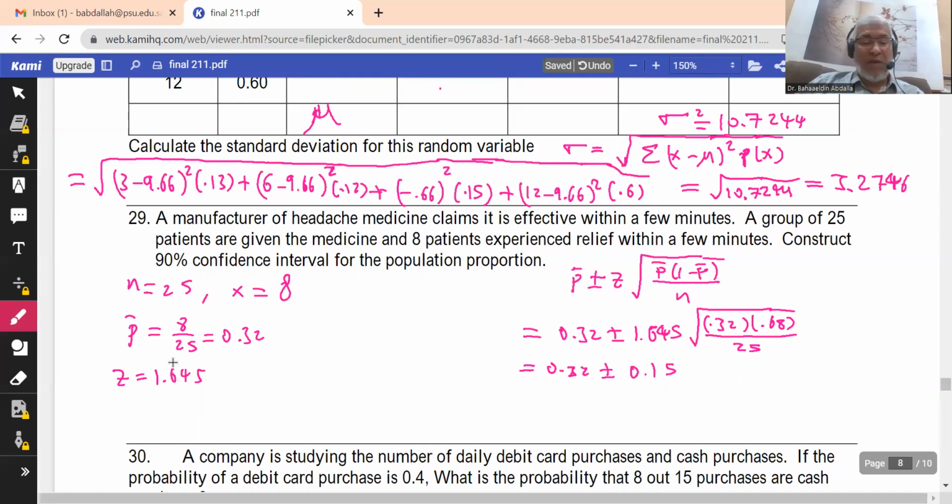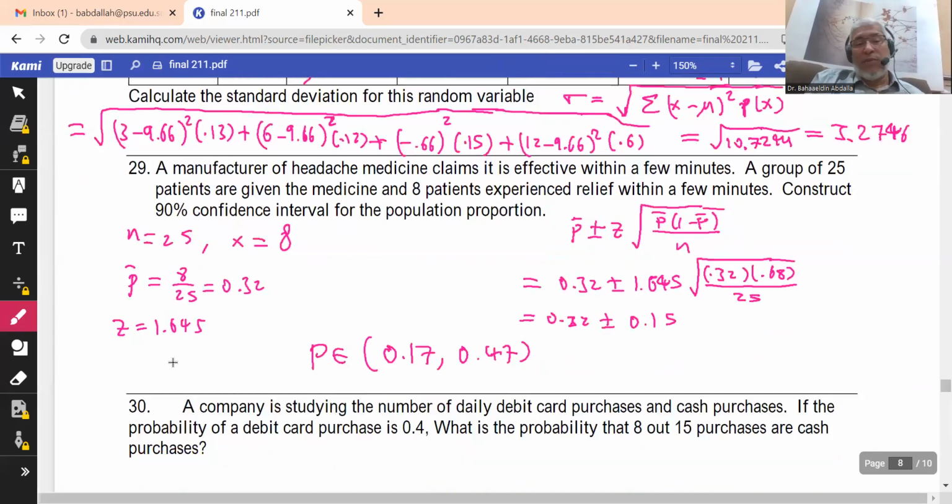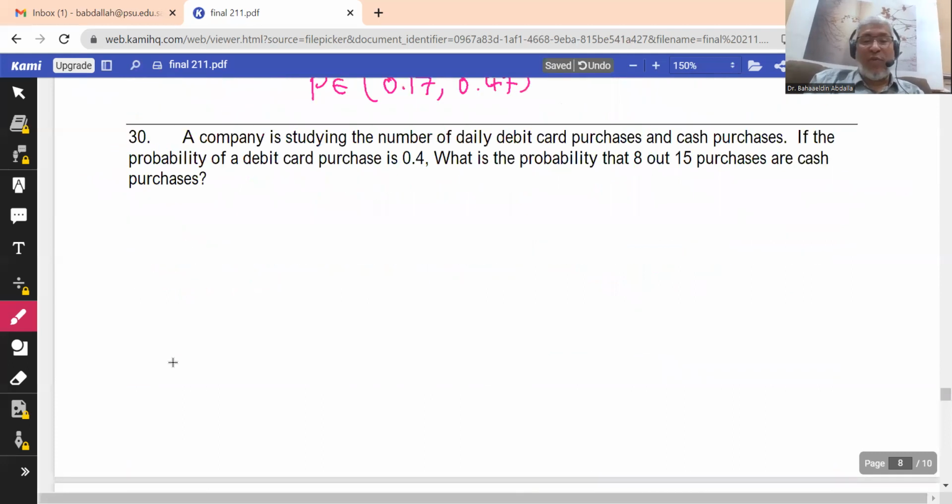If you want to take 3 digits, it's okay. So P will be in the interval 0.32 minus 0.15, and that's 0.17, and 0.32 plus 0.15, and that's 0.47. So this is the confidence interval for P.